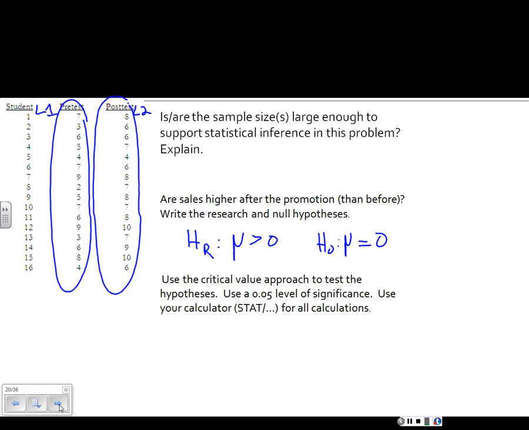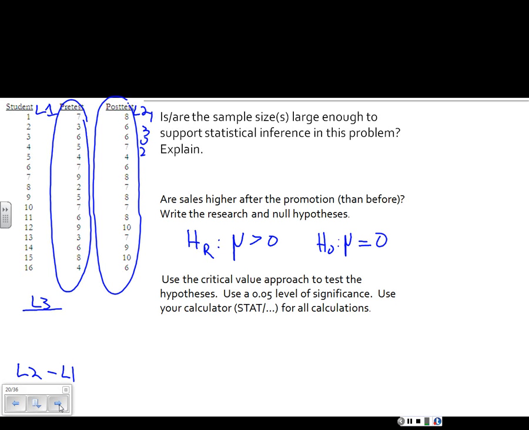Then what you want to do is go to the heading in L3 and highlight the L3 at the top of the list, and then just type, it's going to put it down at the bottom here, type L2, your after score, minus L1, and hit enter, and that's going to fill in a column in L3, and it's going to have numbers like 8 minus 7, it's going to have 1, 3, 0, 2, and so on.